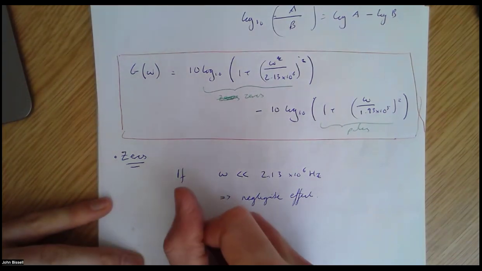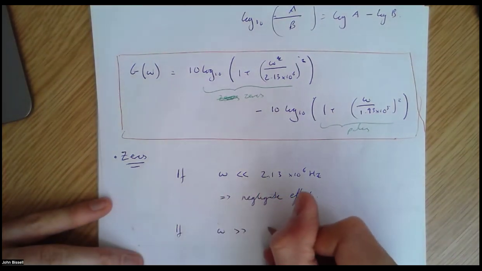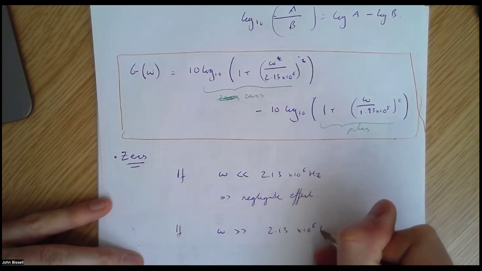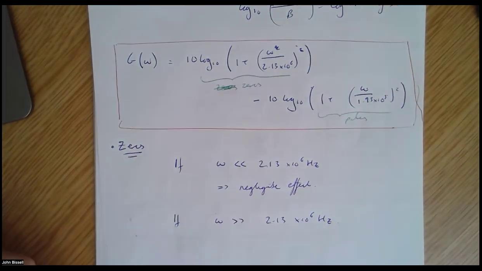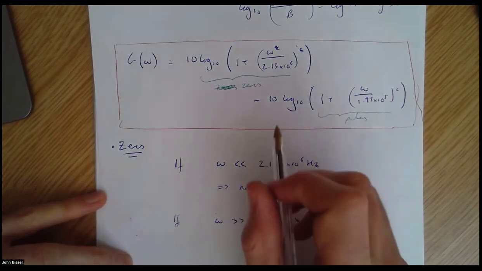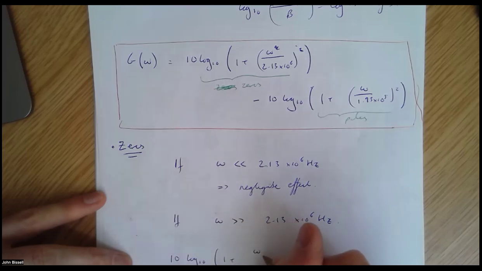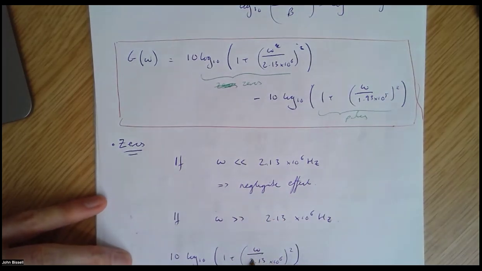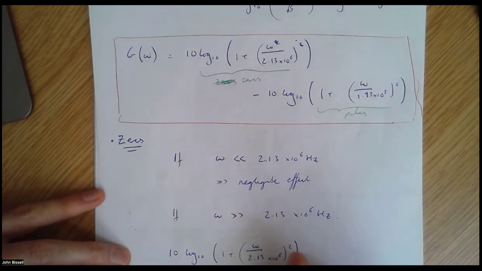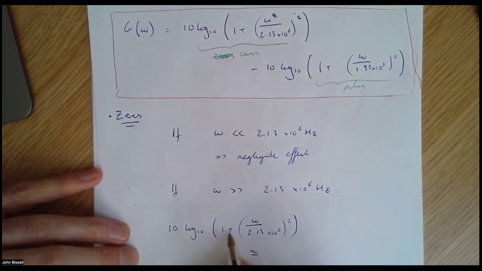Okay. Now let's think about if we're much larger than this zero frequency. Then the first term here looks like 10 log to base 10, 1 plus omega over 2.13 times 10 to the 6 all squared. If omega is much bigger than the denominator, then this term here is going to be much bigger than 1. Agreed?